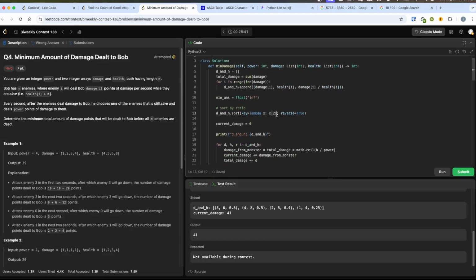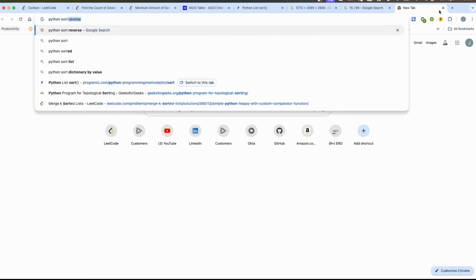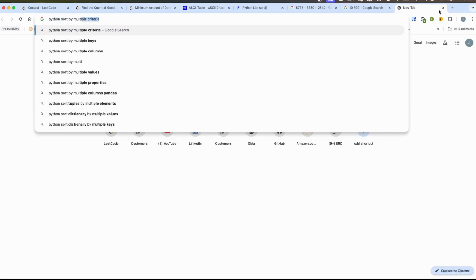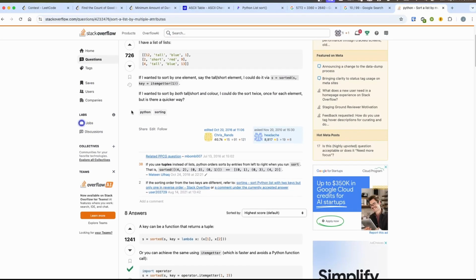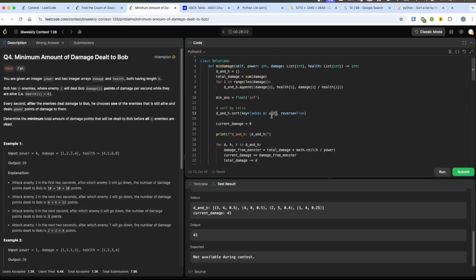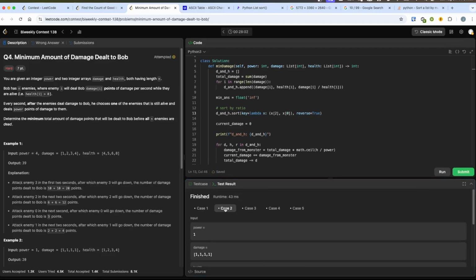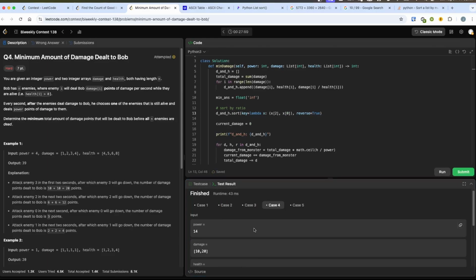Sort x1. Hold on. To x. 39, we get 20, 20, 10.